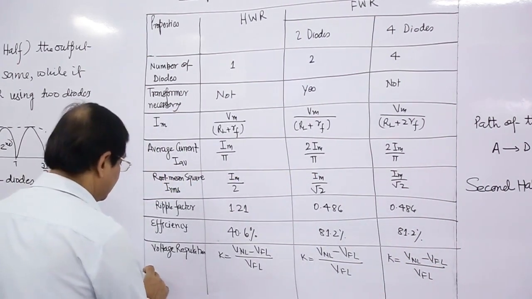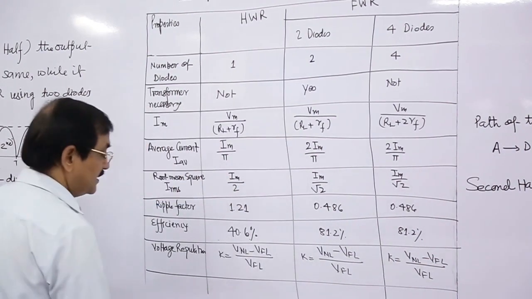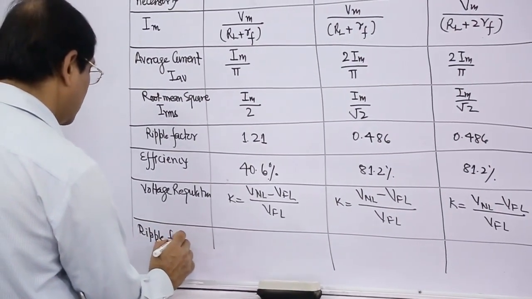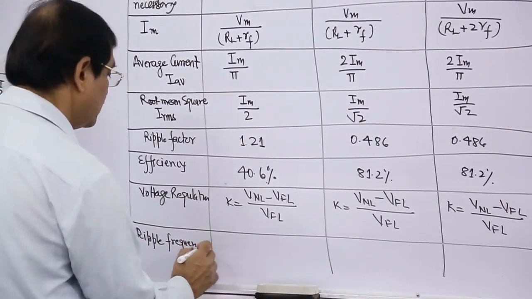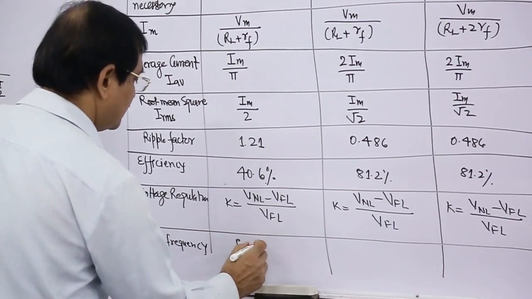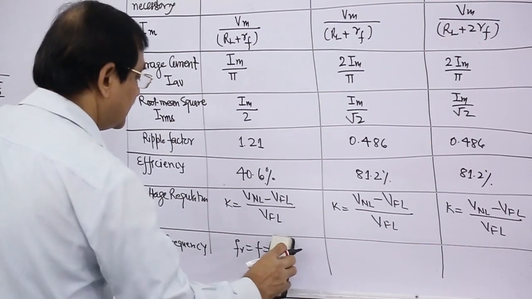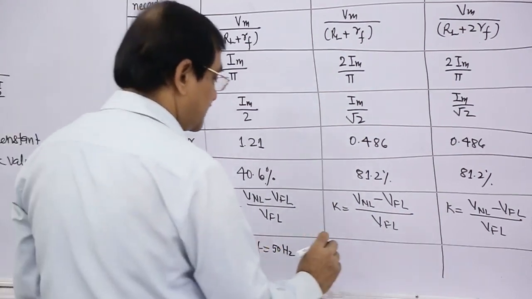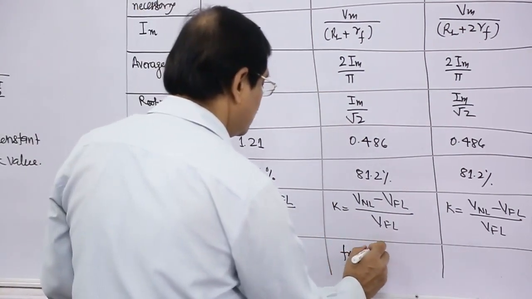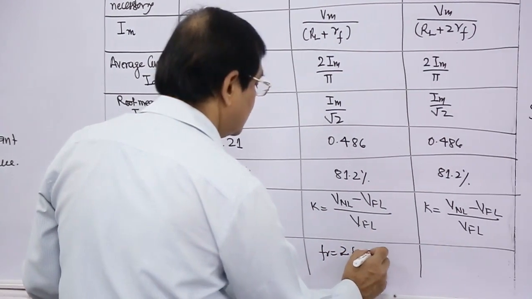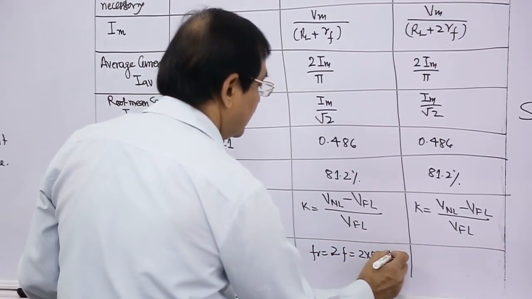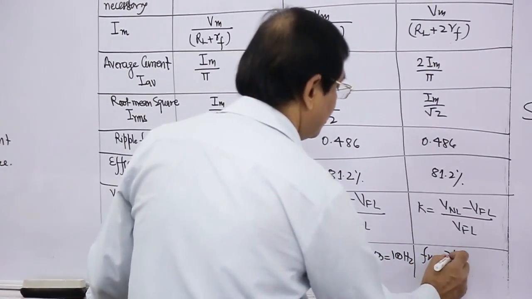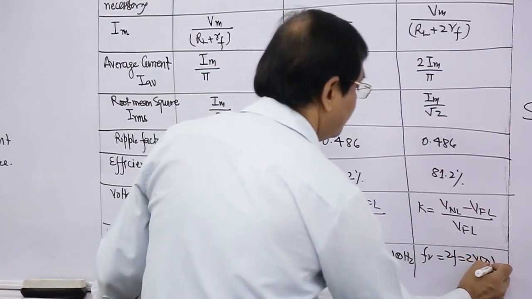And the last one is ripple frequency. Ripple frequency, that is F is equal to 50 hertz. Here FR is equal to 2F, that is 2 into 50, it is 100 hertz. Here FR is equal to 2F, that is 2 into 50 hertz.